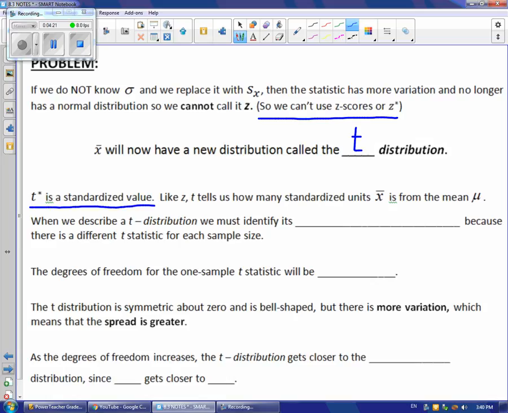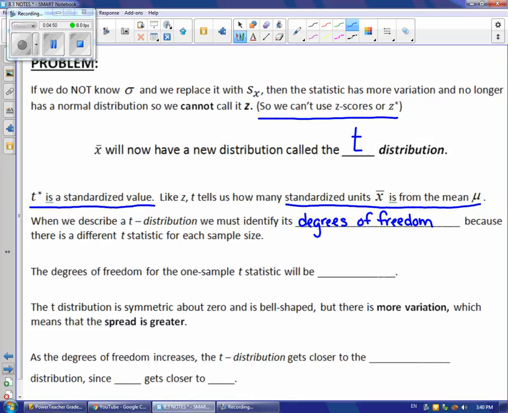It tells us how many standardized units x̄ is from the mean mu. When we describe a t-distribution, we must identify its degrees of freedom, because there is a different t-statistic for each sample size.